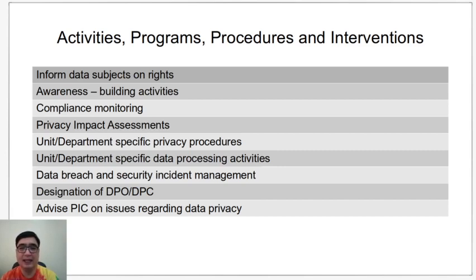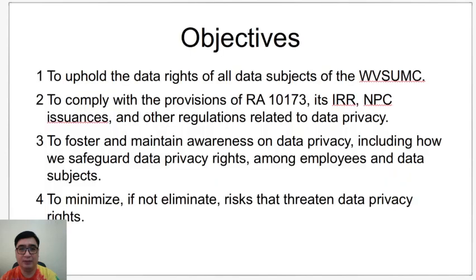And these APPIs can be linked to 4 objectives. So we are working using the APPIs to identify the objectives. So there are 4 objectives for data privacy. Number 1 is to uphold the data rights of all data subjects of this hospital.